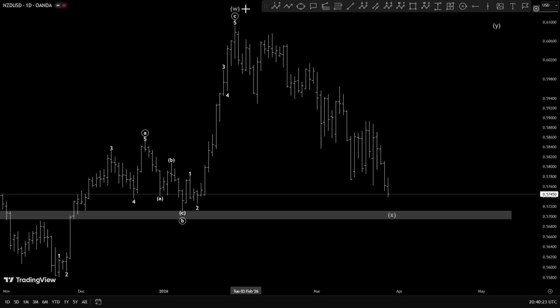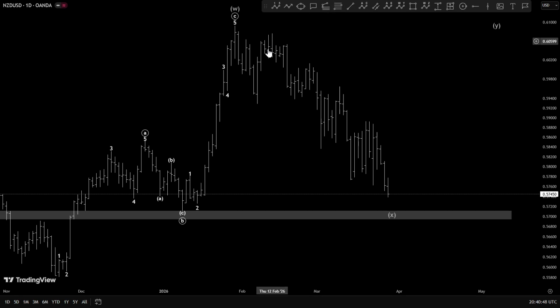This is with W. And now let's move to X. X can be any corrective structure except a regular flat.